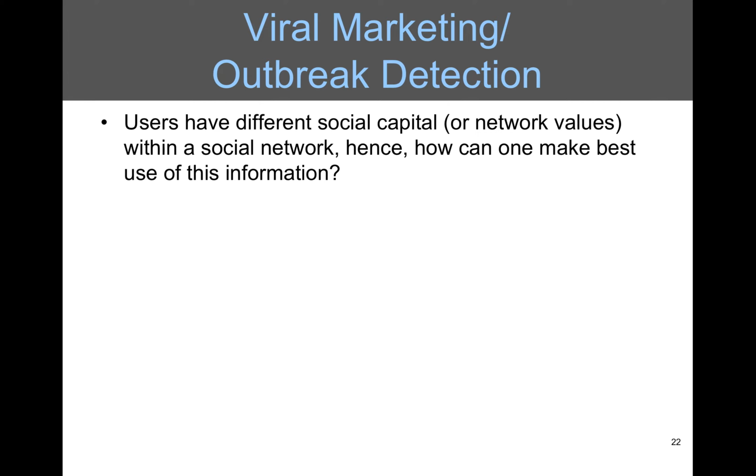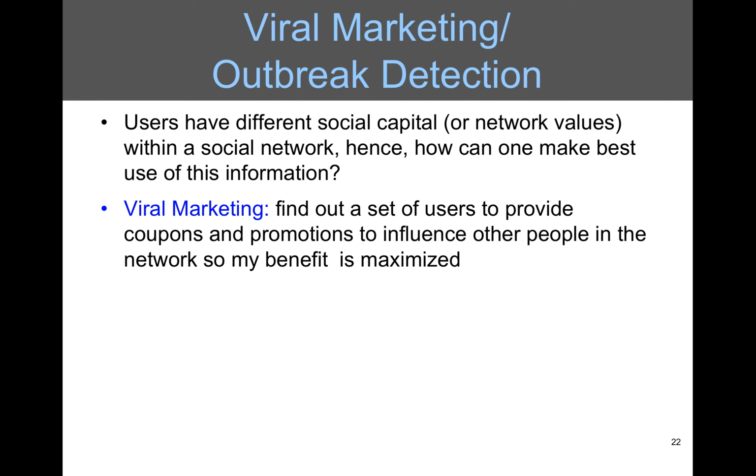So he's approaching me not for my intrinsic value, but for my network value. I have a network. In this case, it's a network of me and my students. And if I recommend a product, he's thinking that my students will purchase the product. So it's good for him to market to me.